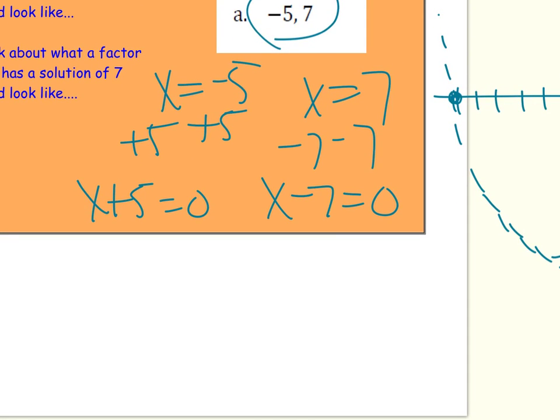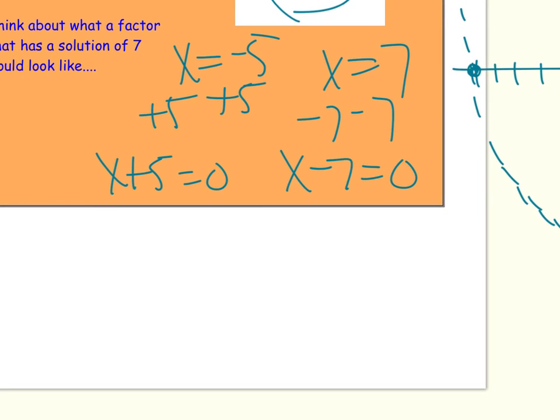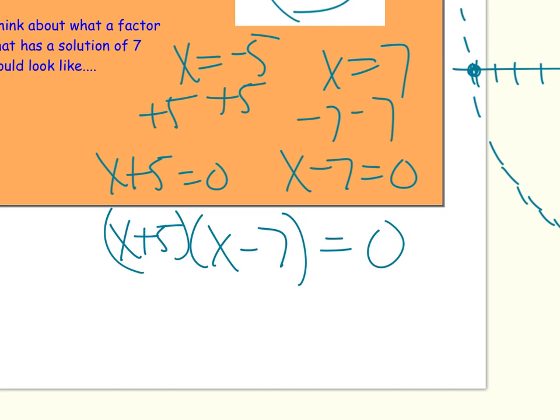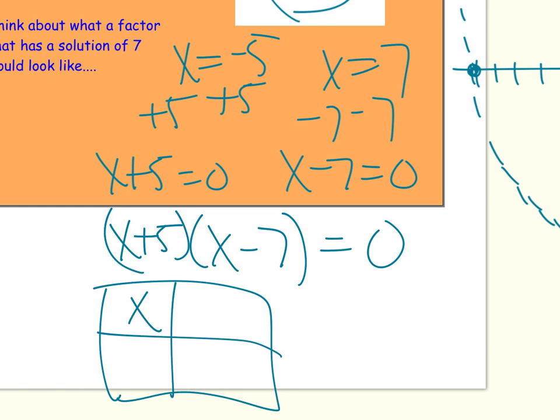So then to put that together, I would say, you know what, that would be x plus 5 times x minus 7. Then I would say, if you draw your box, if that's your thing, go x5, or, whoa, I had to back up. I did that one way wrong. So you go x5, x negative 7, if that's your thing.